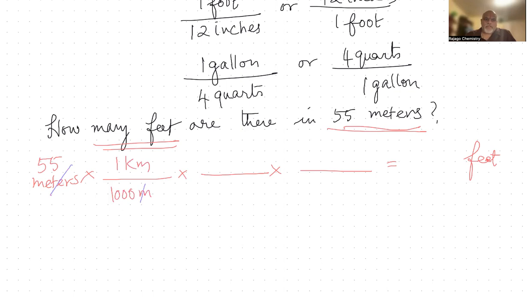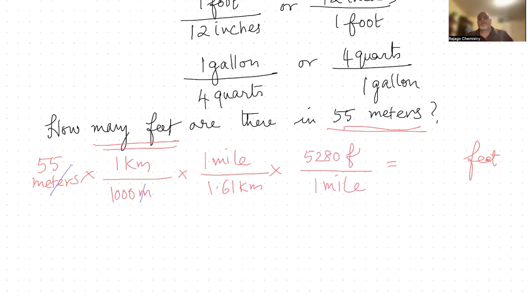That is the reason I'm writing this. Very important. So to cancel kilometer, I write 1.61 kilometer is equal to 1 mile. Then only I can cancel the kilometer and kilometer. And now write 1 mile is 5280 feet.